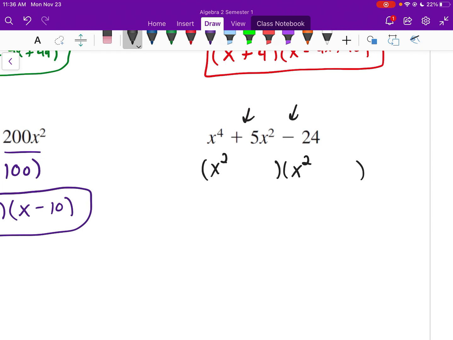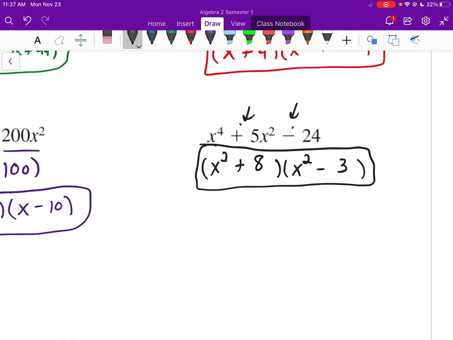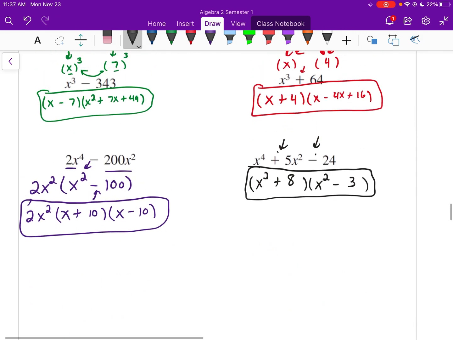Signs, I need to have opposite due to this being negative and that one being positive. And then ways to multiply and get 24: 1, 24, 2, 12, 8, 3. Okay, I'm seeing 5, so 8 and 3 probably makes sense. And then I need positive 5, so I'm going to make that 8 positive and that 3 negative.